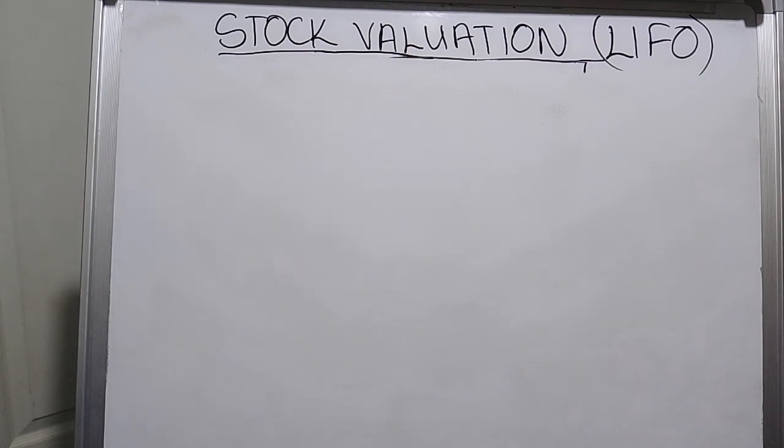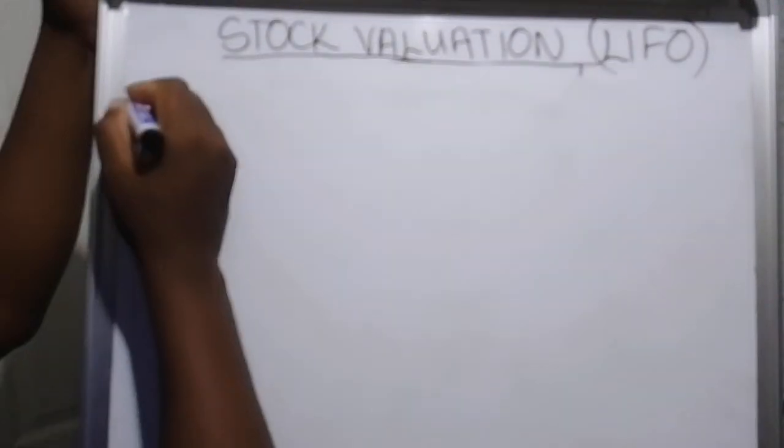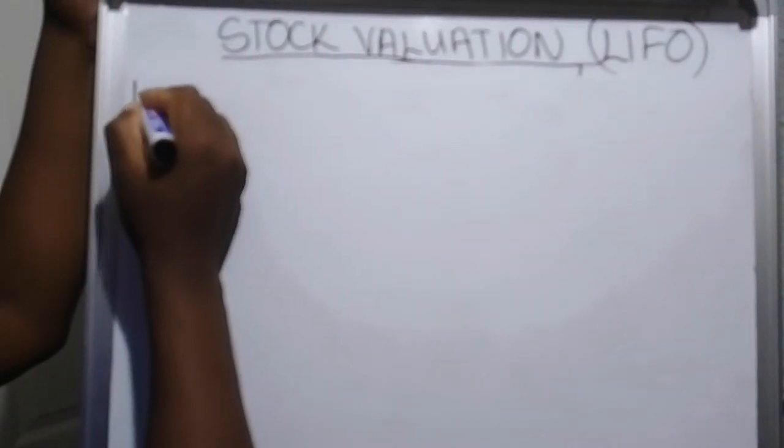Okay, so for the last in, first out method, there are some similarities in how we do it with the first in, first out method. Here we put rows and columns. Then the issues side will be this side.